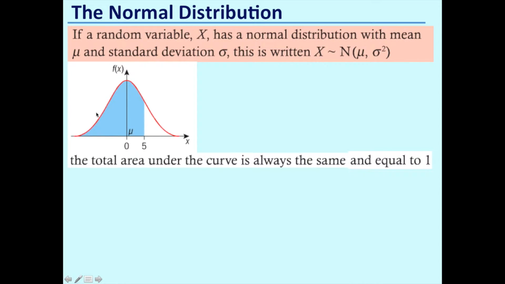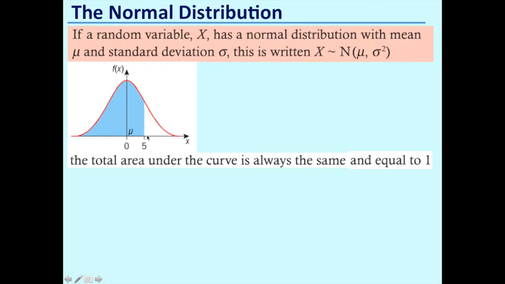Suppose we have a curve like this, and we're trying to find the probability that x is less than 5. Well, we know that the total area under the curve is always the same and equal to 1. So everything under here represents all the possible outcomes, so we know that's going to come to 1.